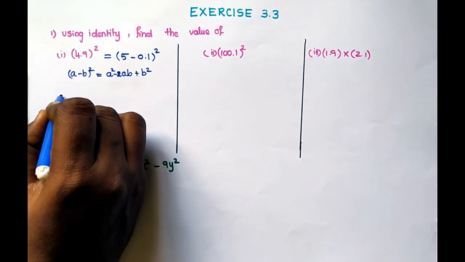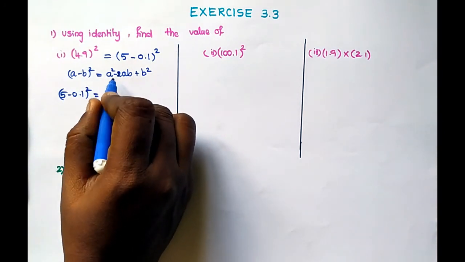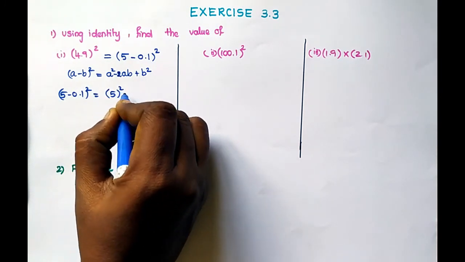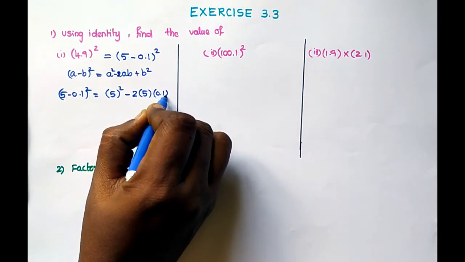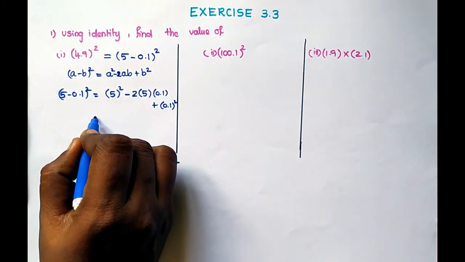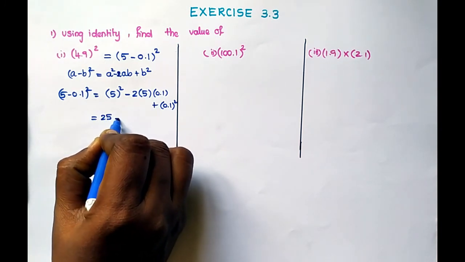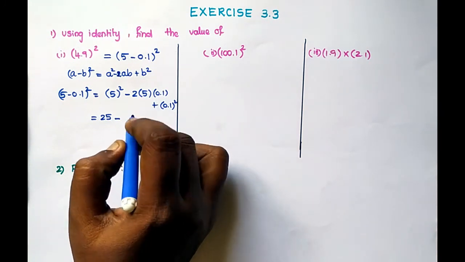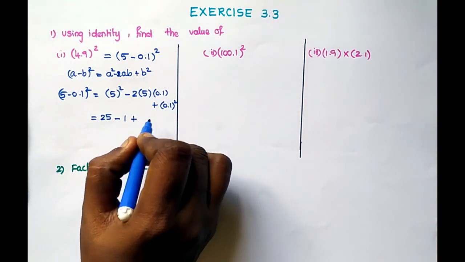Now applying the formula, 5 minus 0.1 whole squared equals a squared, where a is 5, so 5 squared minus 2ab, 2 into 5 into 0.1, plus b squared, that is 0.1 whole square. 5 squared means 25, minus 2 5s are 10, 10 into 0.1 gets 1, plus 0.1 whole square.